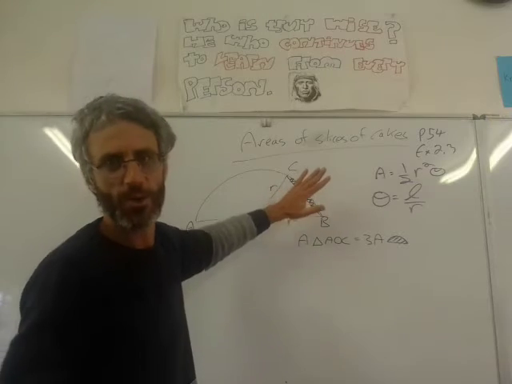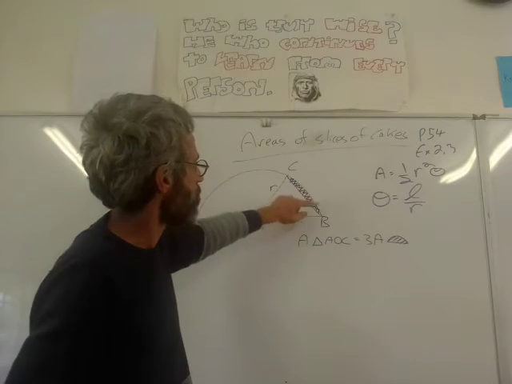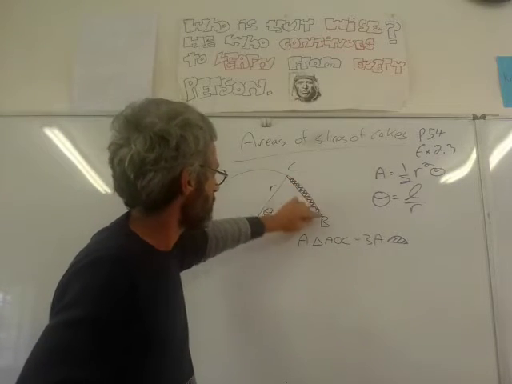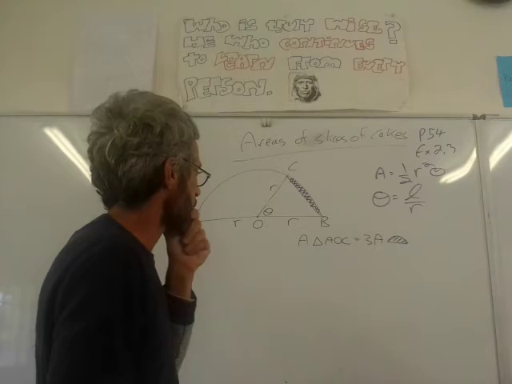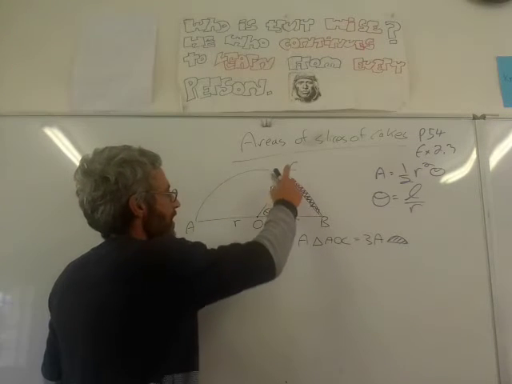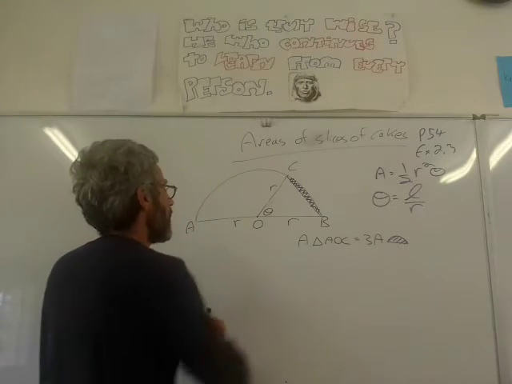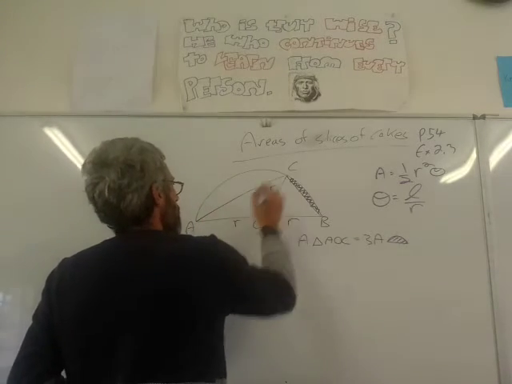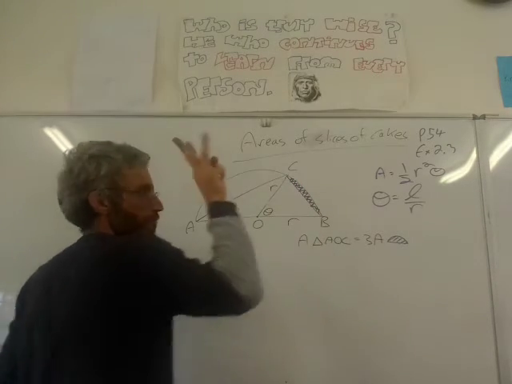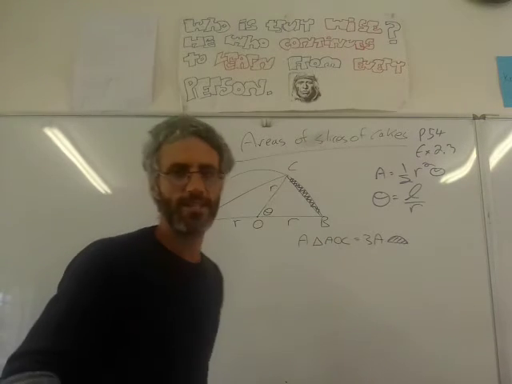This, by the way, we can call a segment as well, that slice of cake. And we've got that watermelon. Oh, sorry, this is a sector, and the watermelon slice is what they call a segment. They also tell us that the area of triangle AOC, I need to make one more line here, is 3 times the area of the watermelon, the shaded area.